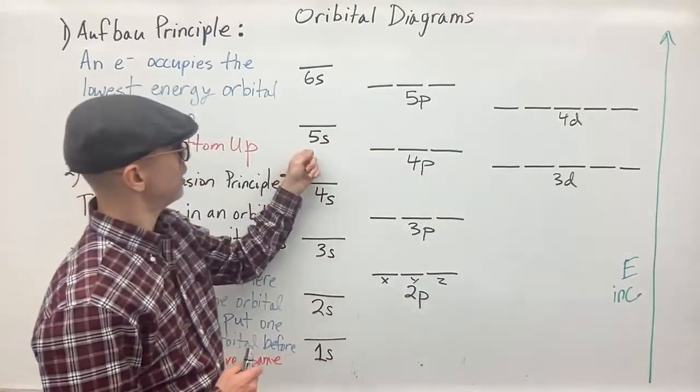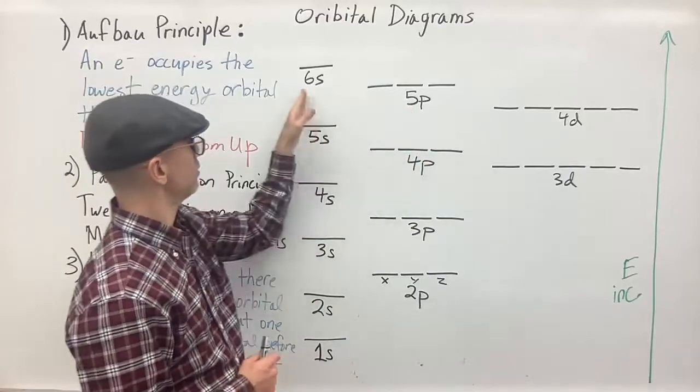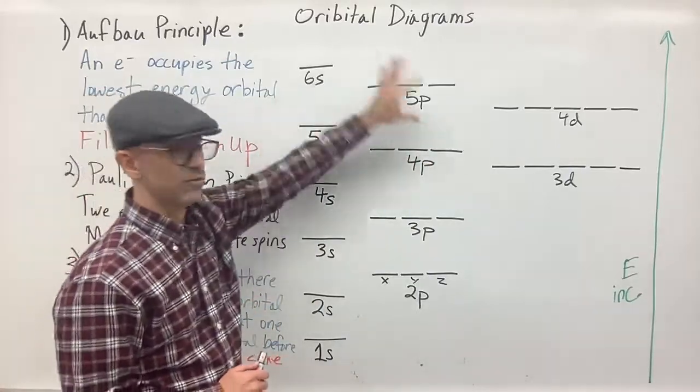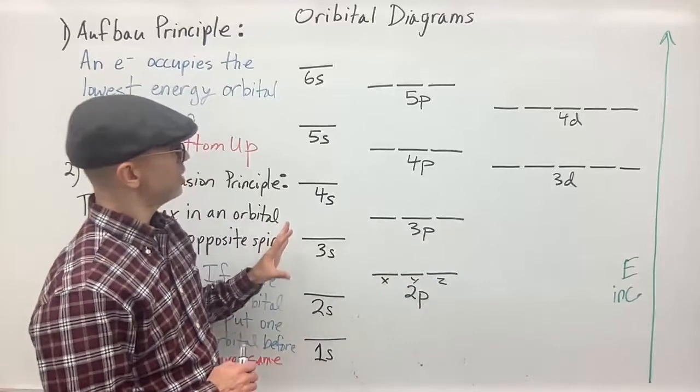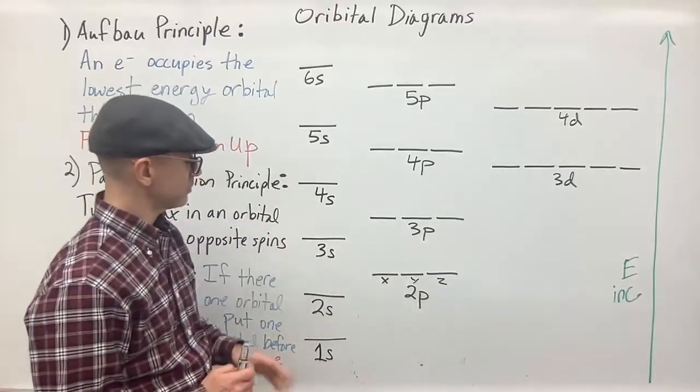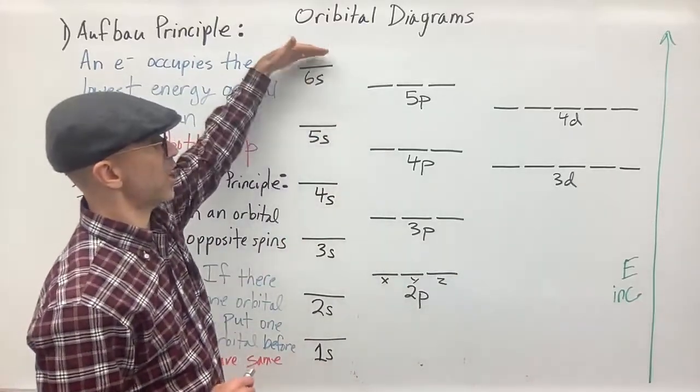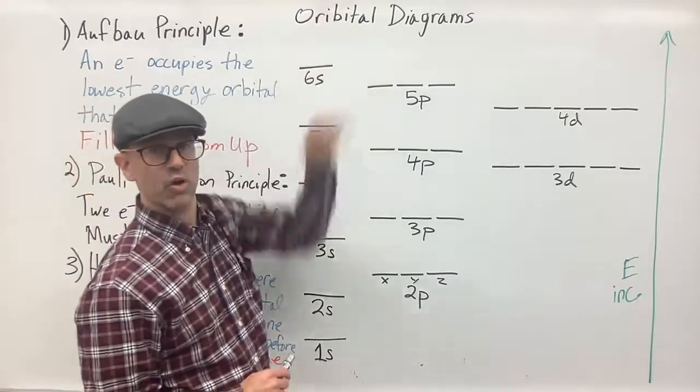And then you go to 5S, 5P, and 6, and so this is your orbital diagram. And again, like I said, I cut it off short, but it goes further.